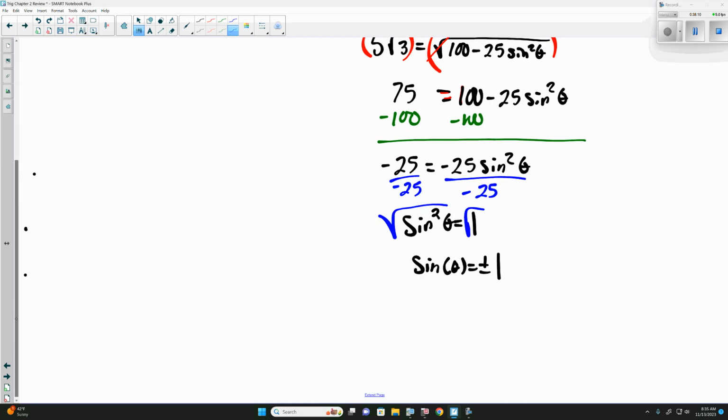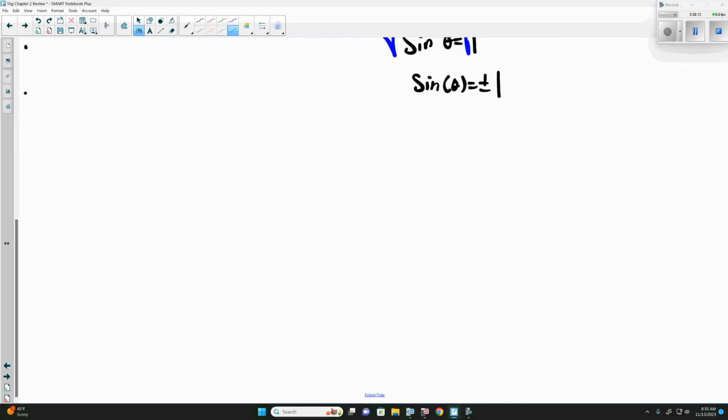Okay. And we get this here. So this is an algebraic expression if we did want to find theta as positive or negative 1. It would have been pi over 2 or 3 pi over 2 or any variation of them. But it didn't ask us to solve. So we'll leave it as this here.